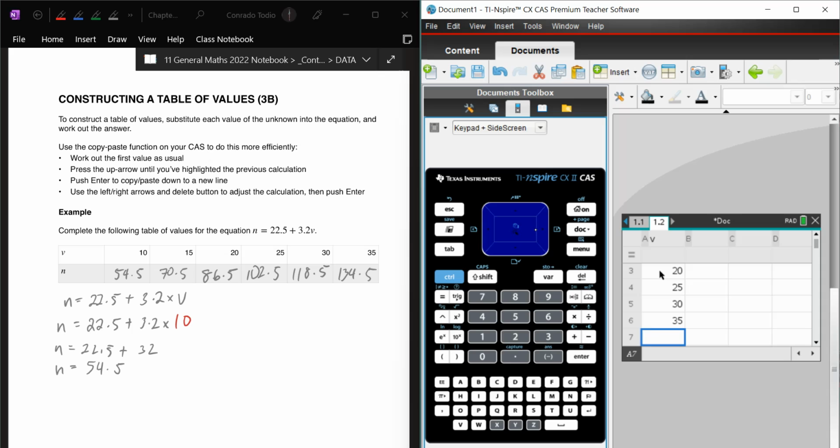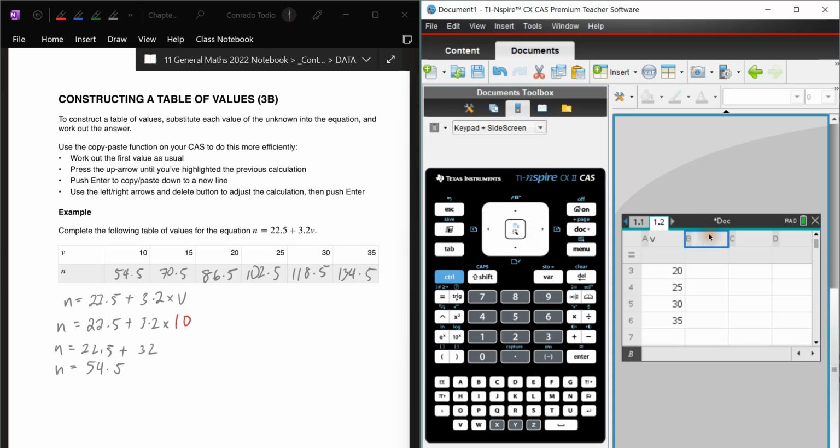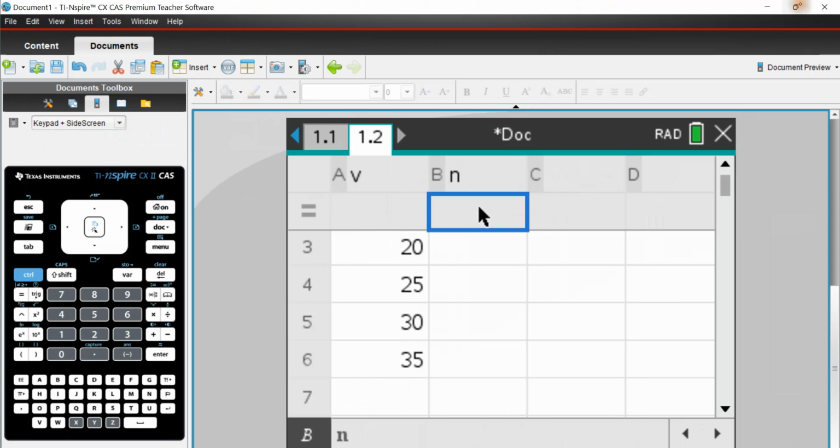And what you can do now is, okay, I've got that. So on your CAS, looking at your formula, N equals 22.5 plus 3.2V, call this second column N, because that's what we're trying to look for, N. And then notice how on every column that you have, we've normally left this second row blank. But now, this is where we can actually put formulas to find out certain numbers.